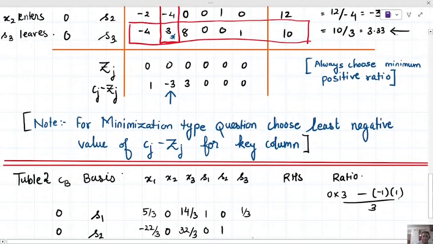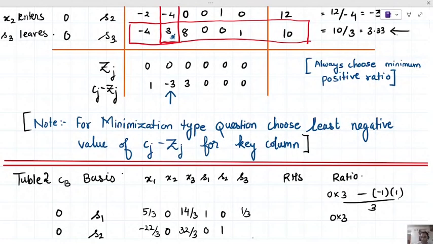The next one, 0 into 3 minus of 4 into 1 divided by 3. So here you will get 4 by 3 as your answer. This is what we get.